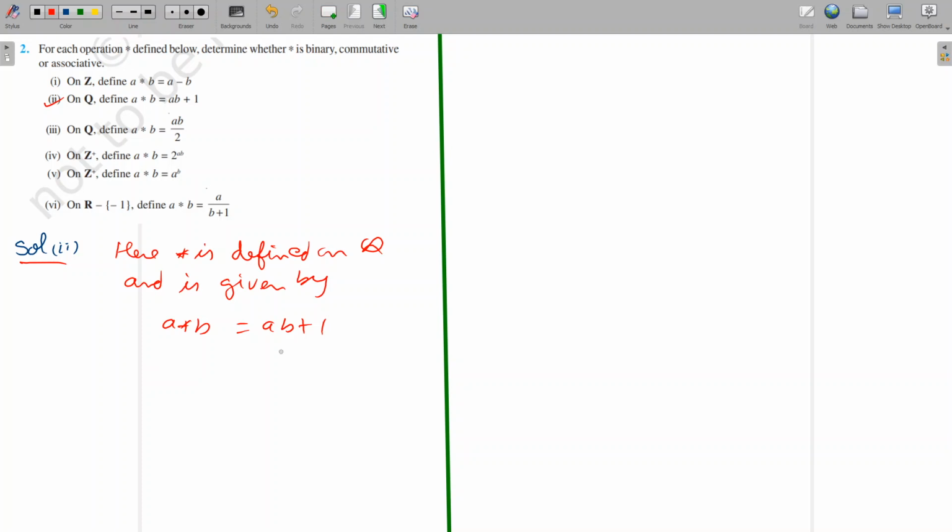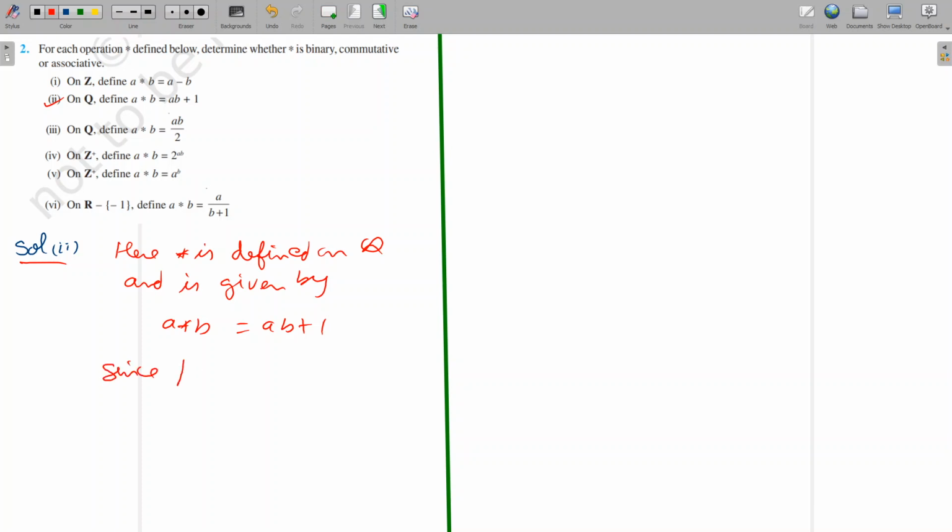And we know that Q stands for the set of rational numbers, and whenever we multiply two rational numbers, the product is also a rational number, and if we add two rational numbers, the sum is also again a rational number. Therefore, we can say that star is a binary operation in this case. So, this is what we will write here.